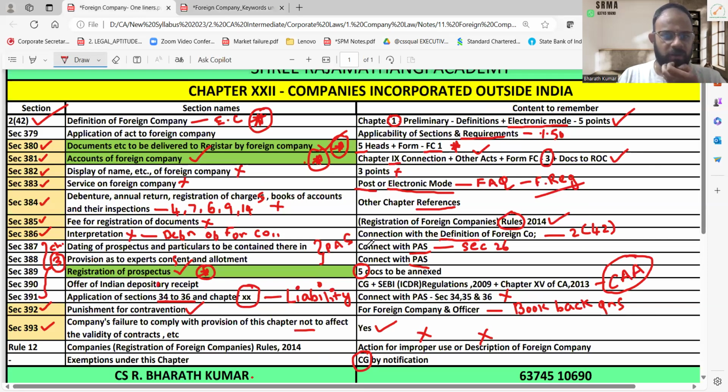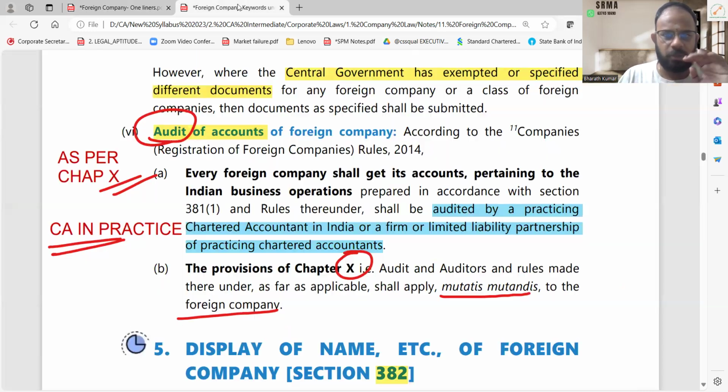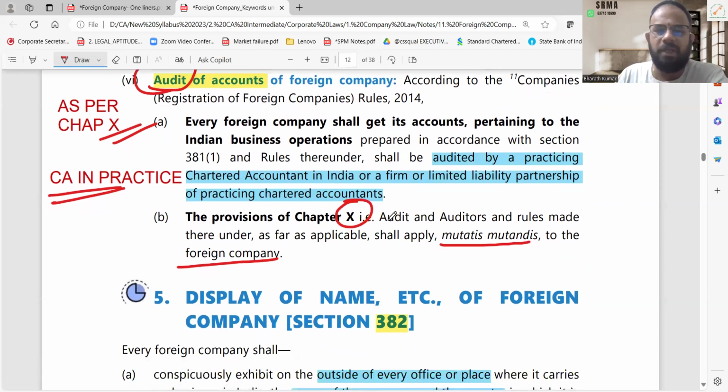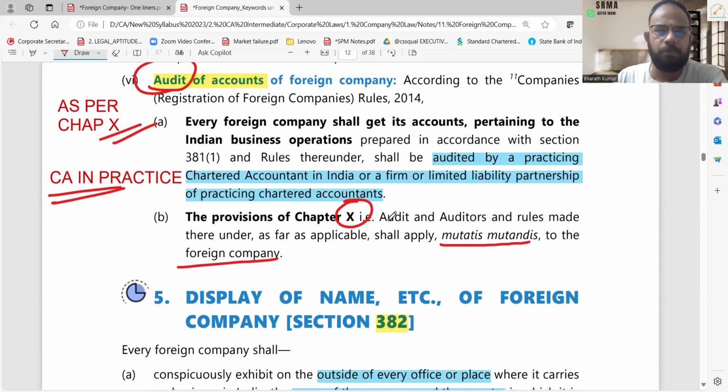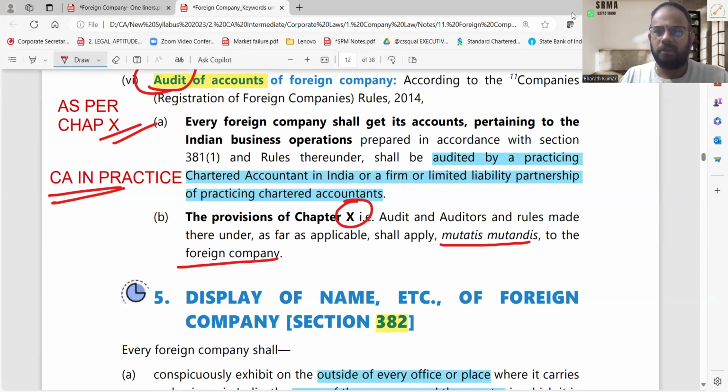So 381, here we talked about all the points that you will connect with this. You should be very careful. FC2 and FC3 should be very important. Are we clear? This only is your major provisions in 380 and 381. Please note down these points.